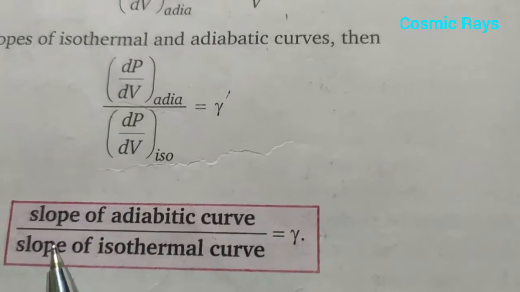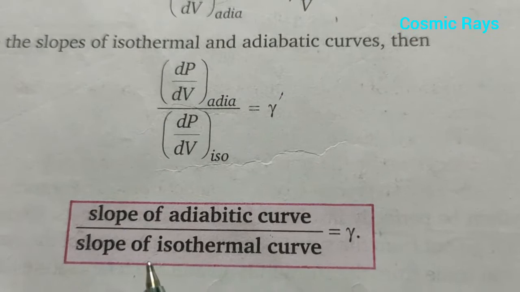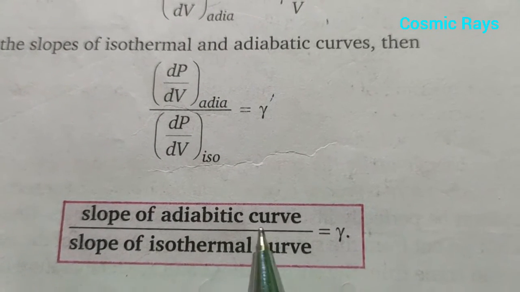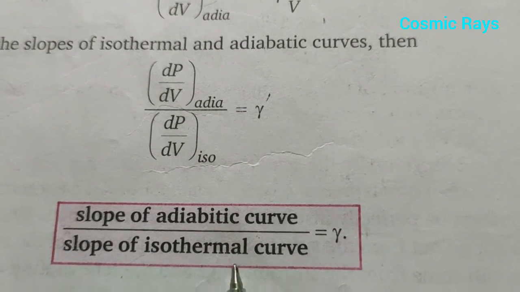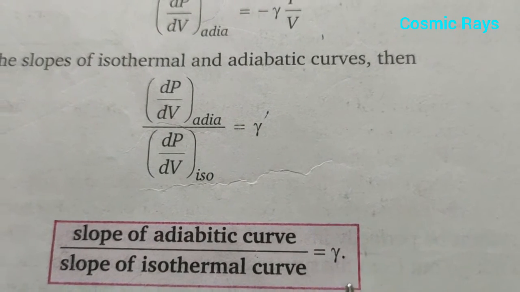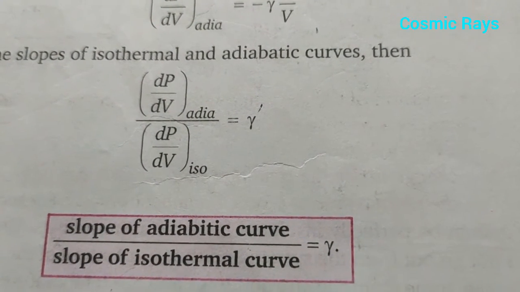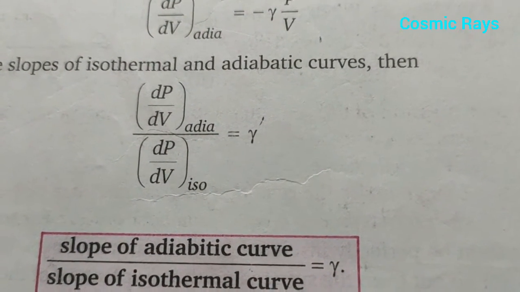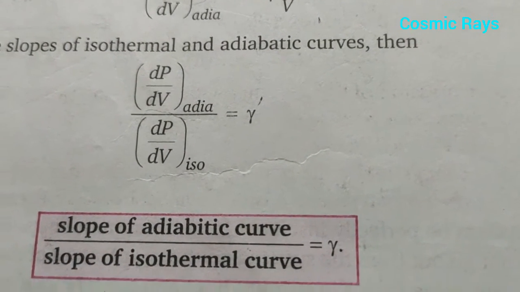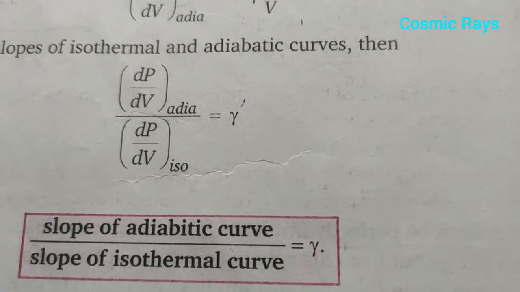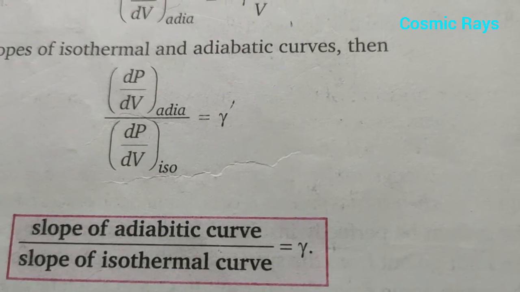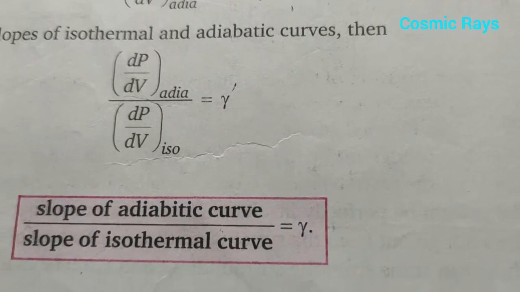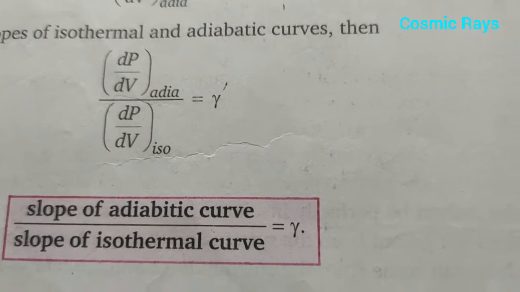So we arrive at the conclusion that slope of the adiabatic curve upon the slope of the isothermal curve is equal to gamma. What is gamma? It is the ratio between the two specific heats, that is gamma is equal to Cp upon Cv, the specific heat at constant pressure and specific heat at constant volume.